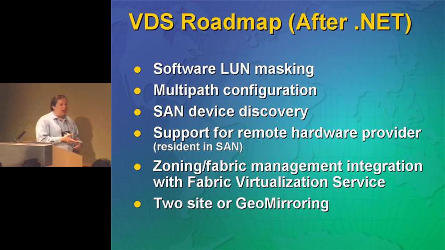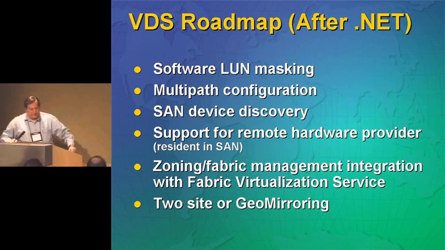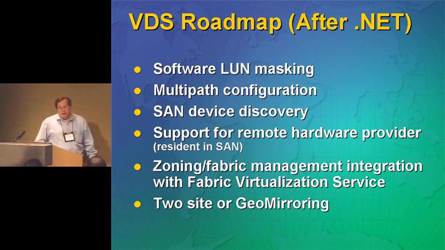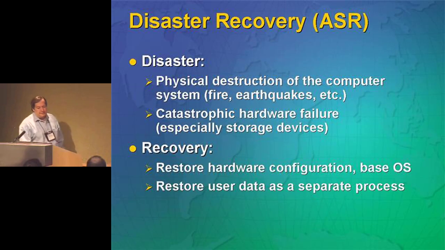They can create snapshots either internally or in the third-party box, and they can control the fabric, which allows rezoning LUNs from one machine to another. We're also working on some two-site geomirroring type of things.